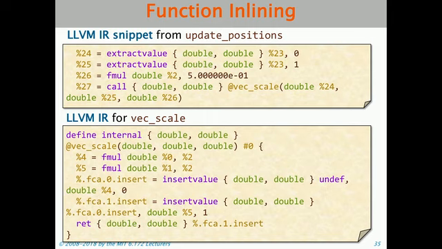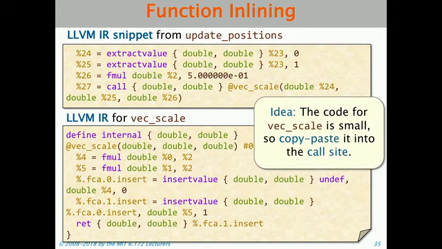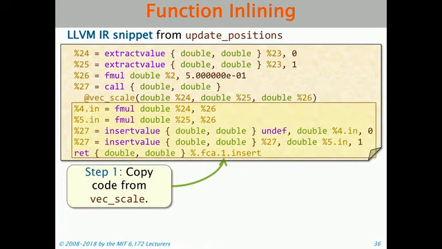You're exactly right. Remove the call and just put the body of the vec scale code right there in place of the call. It takes a little bit of effort to pull that off, but roughly speaking, we're just going to copy and paste this code in our function into the place where we're calling the function. If we do that simple copy paste, we end up with some garbage code as an intermediate.